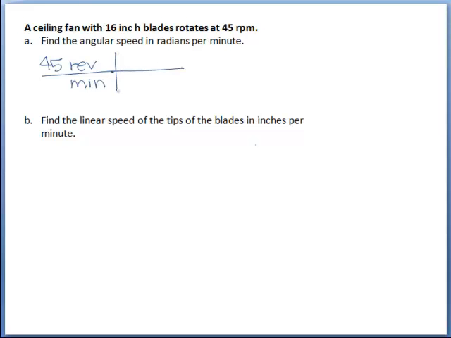So let's do a comparison. We need to cancel revolutions. So if we think about it, what is one revolution? One revolution is equivalent to 2 pi radians, right? Because 2 pi radians is a full rotation around the unit circle, a full revolution. So if we compare 45 revolutions per minute to 2 pi radians per revolution, do you see that revolutions cancel?